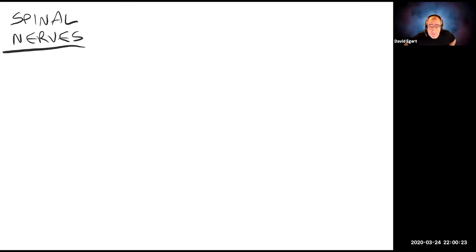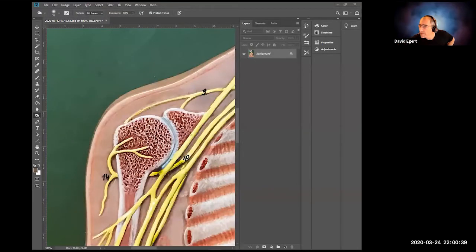lab part. Like, for instance, let me actually show you here. I'm currently in Photoshop trying to create images from the models that we normally would use in labs, so you could recognize different nerves from image files.